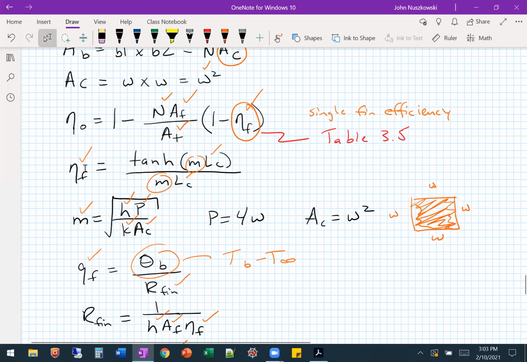That's what we have here, which is basically from table 3.5, which assumes an adiabatic fin, but then has a corrected fin length, LC, for convection.